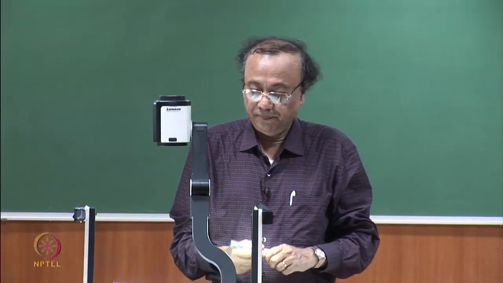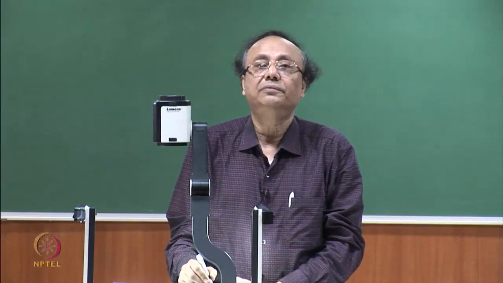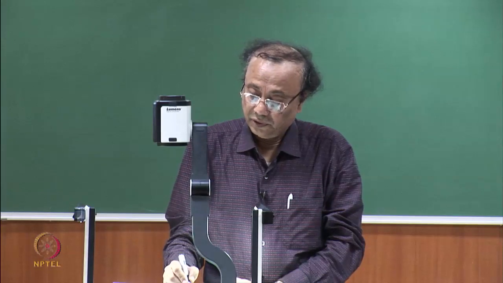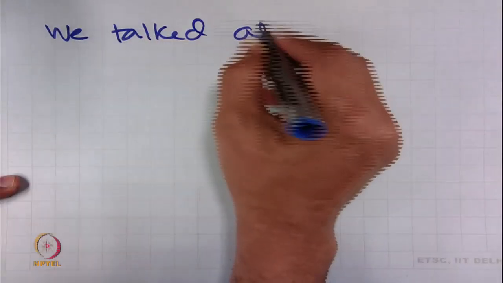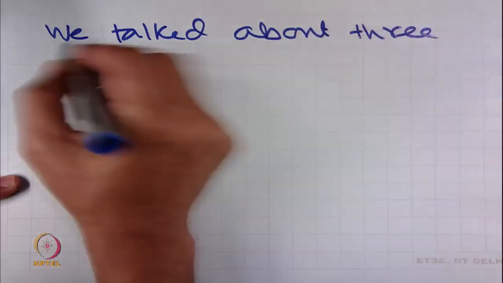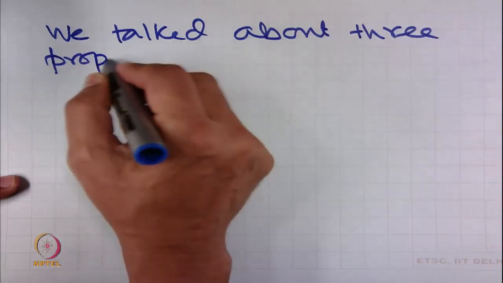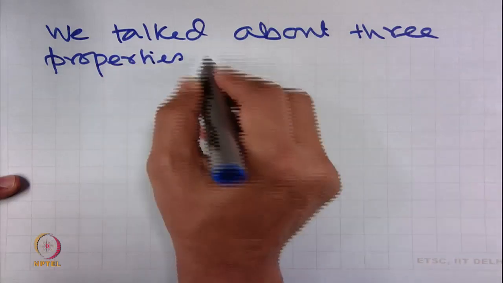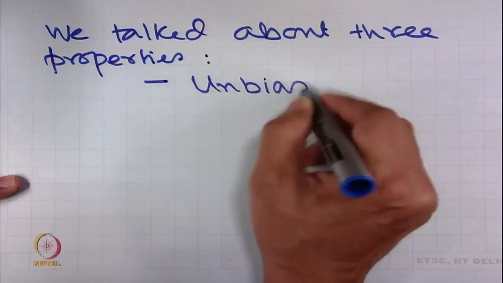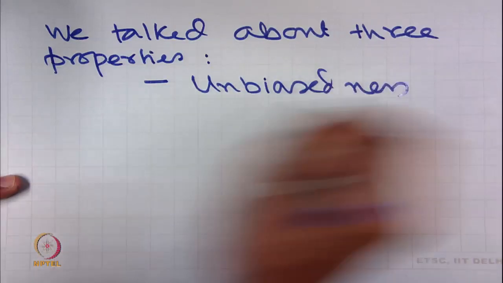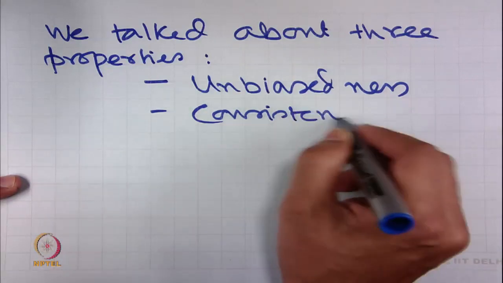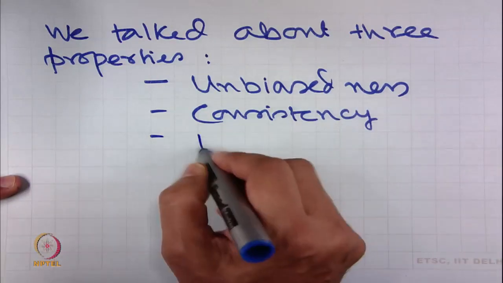If you recollect, in the last lecture we talked about three properties, namely unbiasedness, consistency and efficiency.